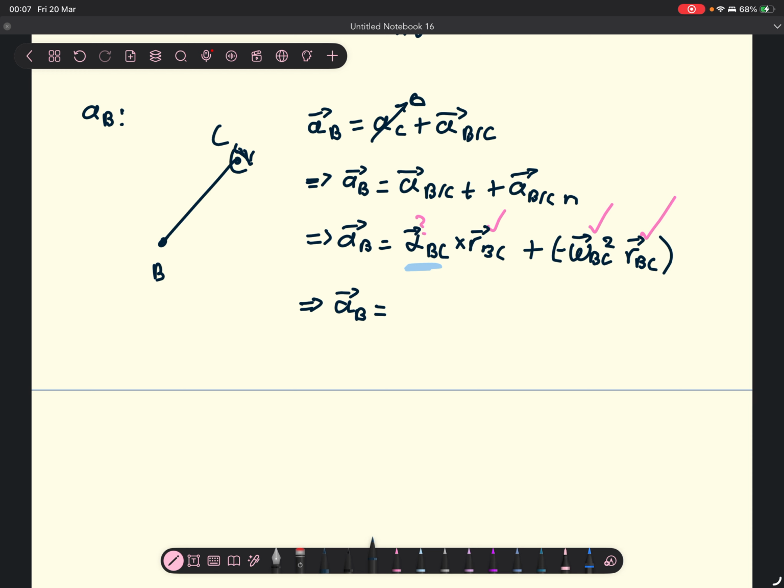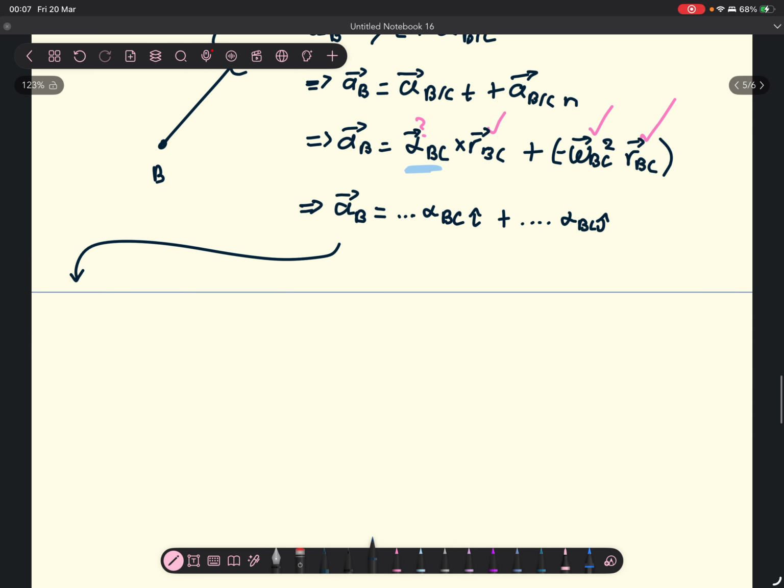So this is going to break down into your I and your J components. You're going to get something, something, something, alpha BC in the I hat direction, plus something, something, something, alpha BC in the J hat direction.